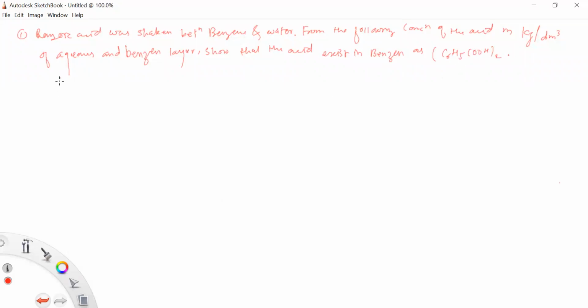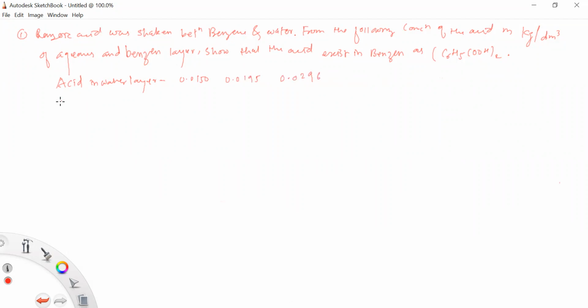Okay, so this is given: acid in water layer, ही एक layer आहे. Here the concentrations are 0.0150, then 0.0195, then 0.0296.